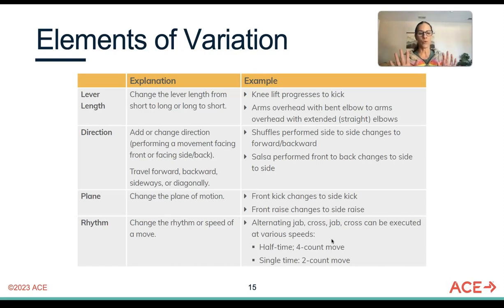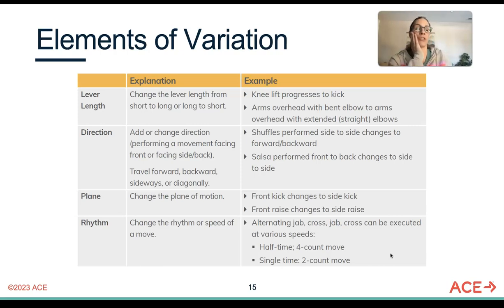But you can do one move where you do it slow, and then you do it double time. You speed it up, and you can add a layer of complexity with it. So instead of retreating, I do a knee and a kick or something like that. You can change the rhythm and speed at any time, but it helps to learn it at the slower speed. And then you say, okay, now we're going to do it half time, single time, or double time.